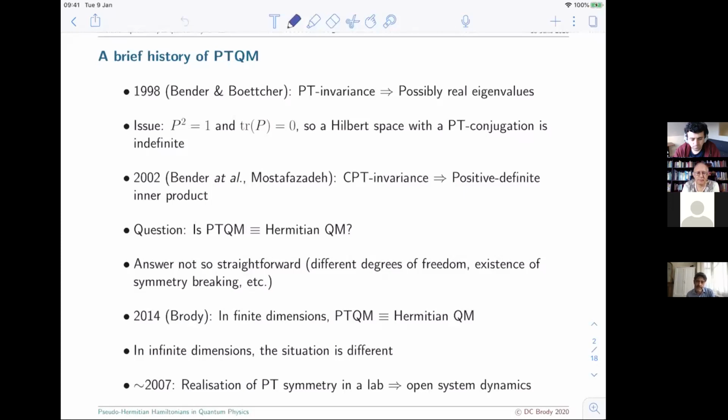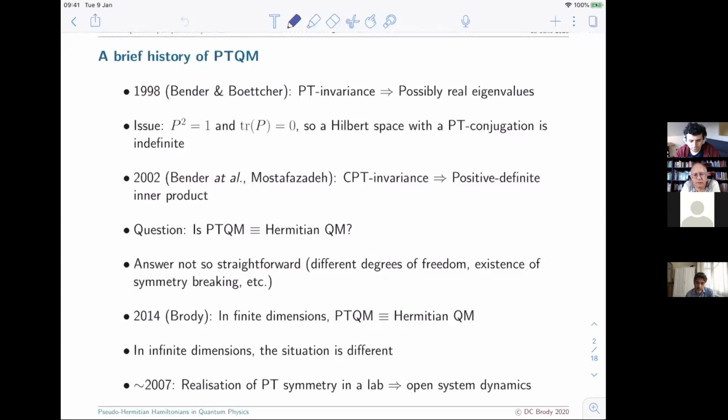And since C commutes with the Hamiltonian, PT conjugation is equivalent to CPT conjugation. So the Hamiltonian becomes CPT invariant, and you can use CPT to define the conjugation operation and therefore the inner product, and then you get a positive definite inner product.